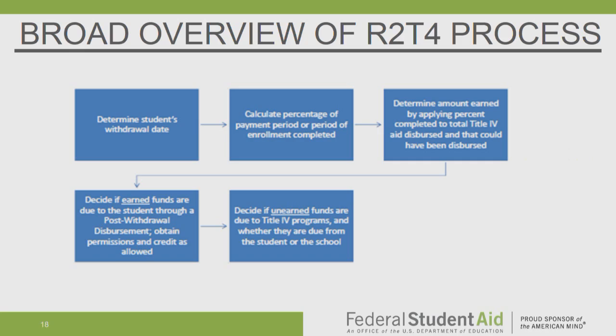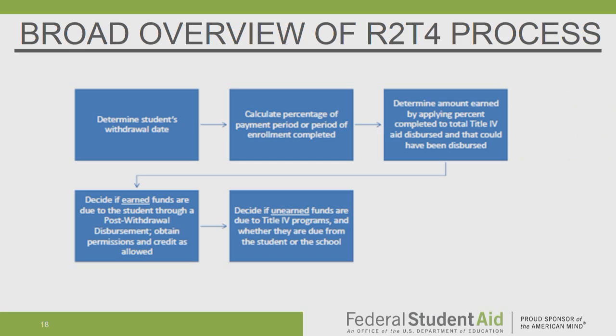Once you determine the withdrawal date, now you're going to calculate the earned portion, the percentage earned. Percentage earned is the total number of days, from the start to the withdrawal date, that the student actually was in school, divided by the number of days in your payment period.